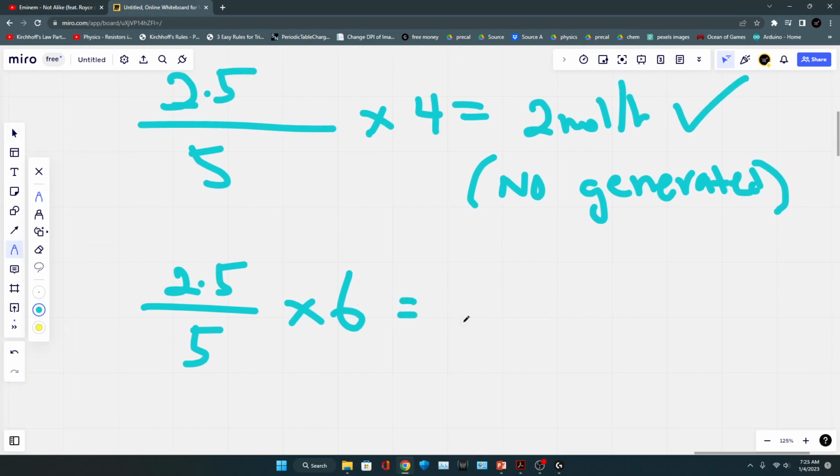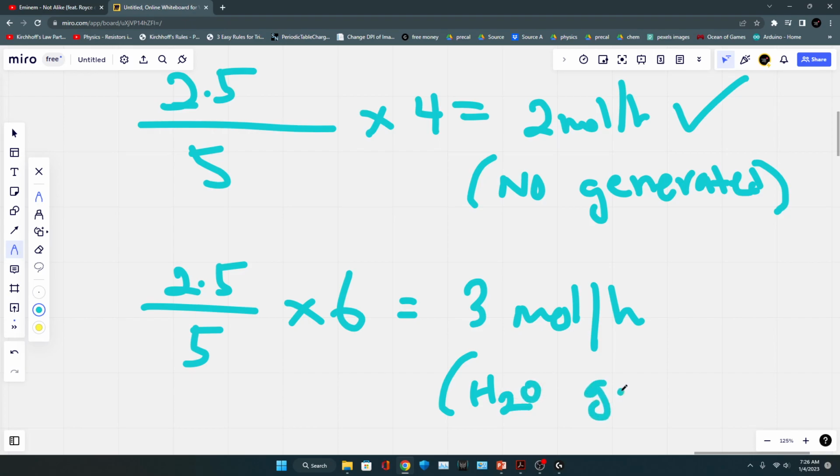Okay, and we shall get the amount of water that has been produced, and that brings us to 3 moles per hour. This is the amount of water that has been generated by the system, and this is our fourth answer.